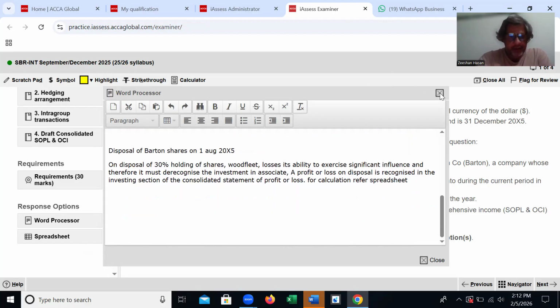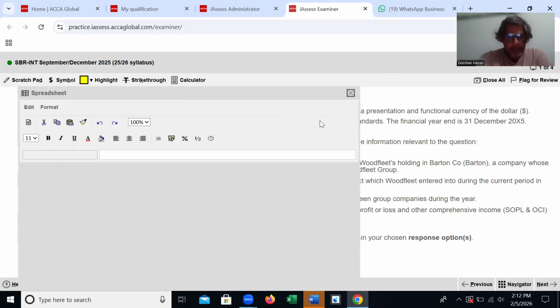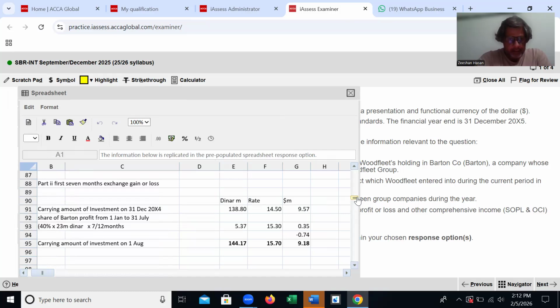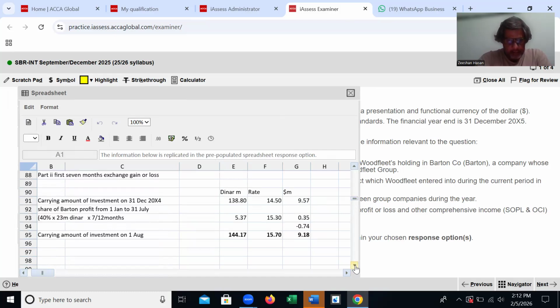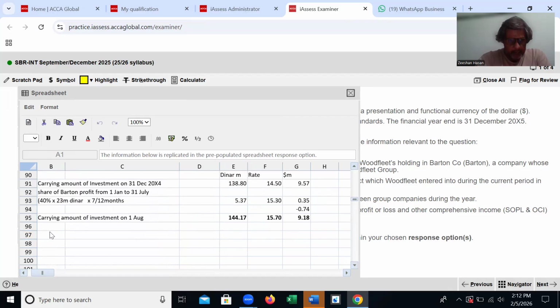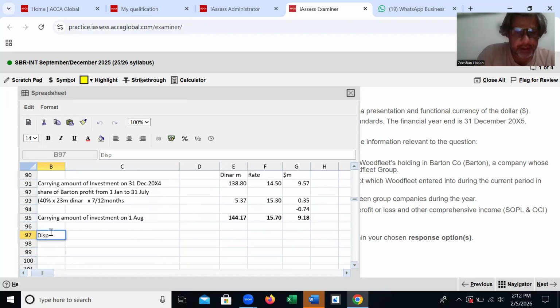Now, let us move to the spreadsheet. Disposal calculation is my heading over here. Now again, here my headings are dinar in million, the rate, and the dollar in million.